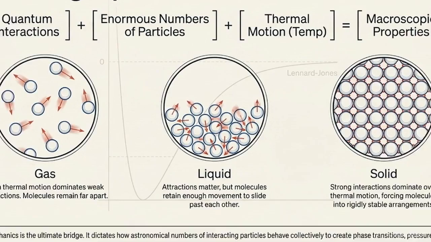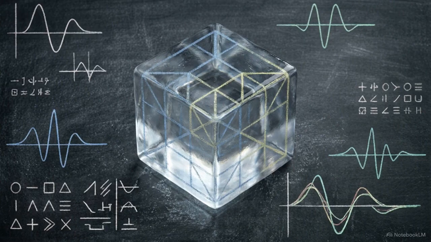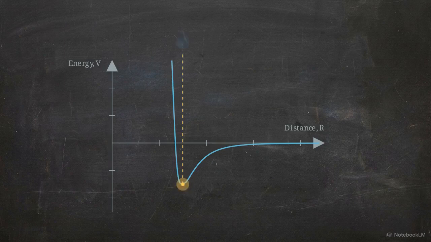Conversely, if attraction dominates thermal heat, particles lock into rigid geometric grids, yielding the solid container on the right. Statistical mechanics proves that the macro phases of matter are just the statistical averages of billions of particles navigating their potential energy curves. We can now connect specific shapes of these microscopic energy curves directly to everyday tangible physical properties.